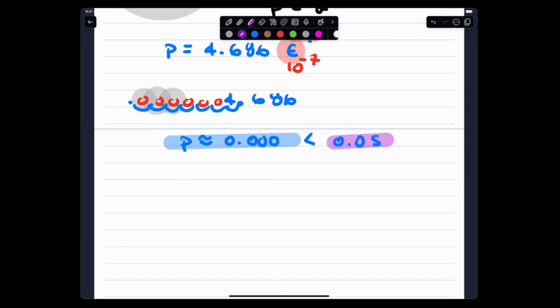So, ladies and gentlemen, the p-value is smaller than alpha, that's actually close to 0. What does that mean again? The p-value is what? Low. What does that mean? The null has to go. So whenever that p-value is less than alpha, the null has to go.